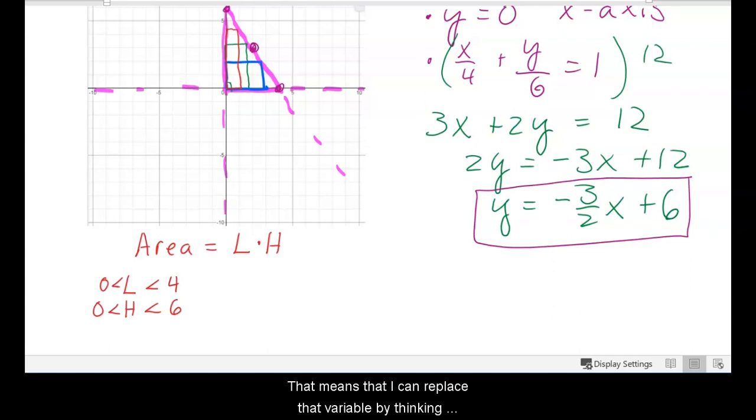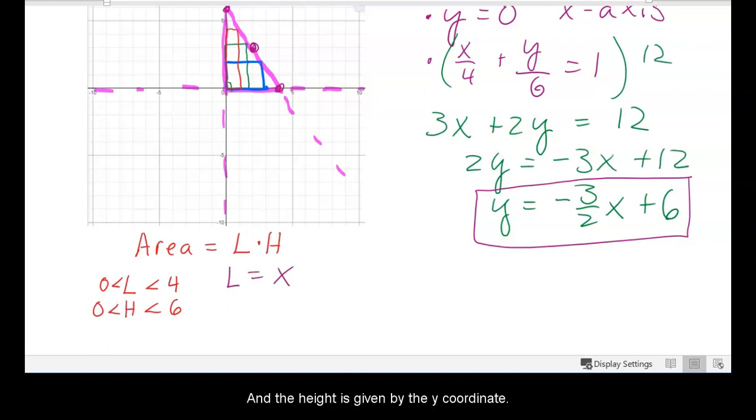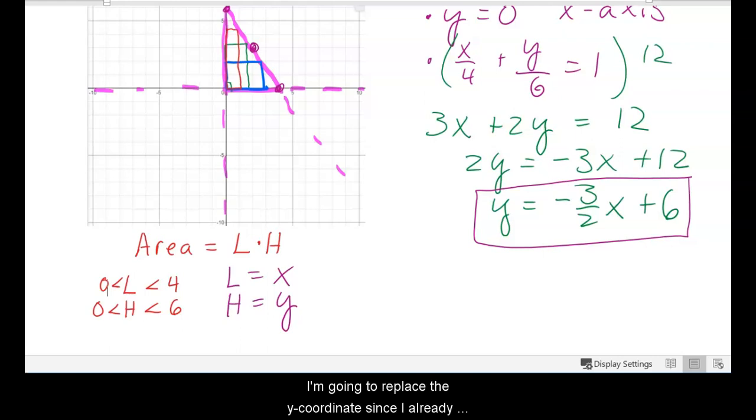That means that I can replace that variable by thinking about the other one. Notice that here, when I look at these variables, length and height, my length is given by the x-coordinate and the height is given by the y-coordinate. I'm going to replace the y-coordinate since I already have this one solved for y.